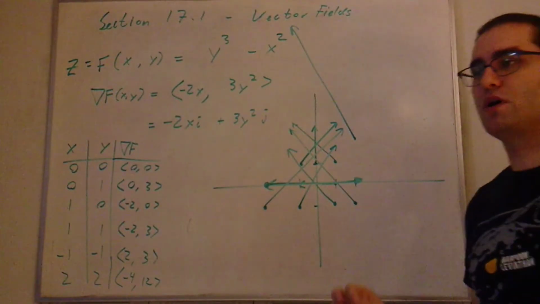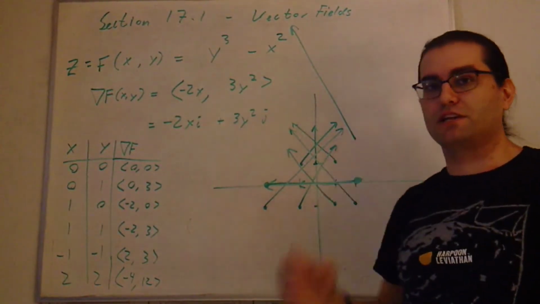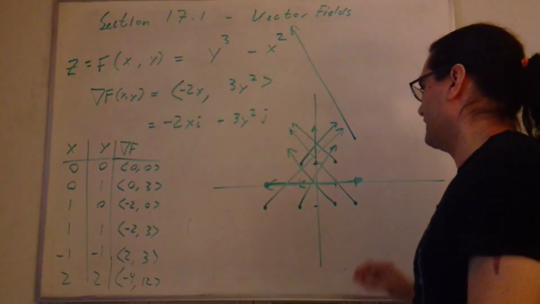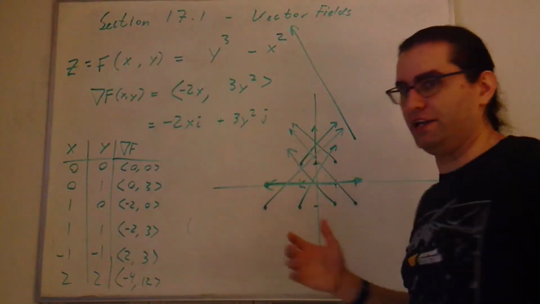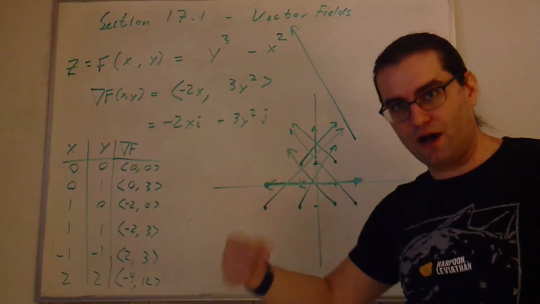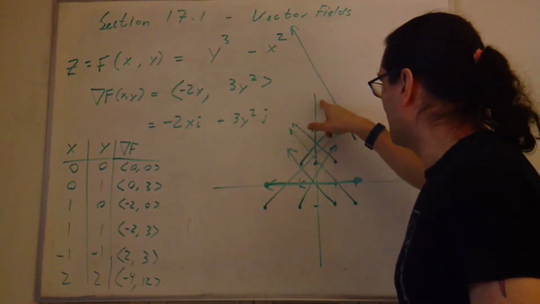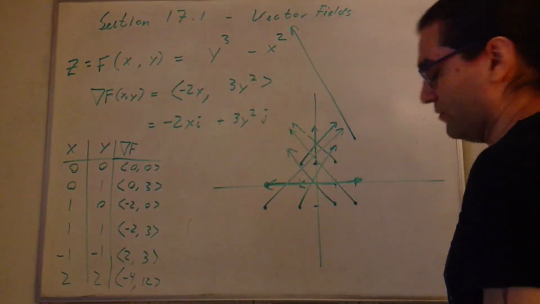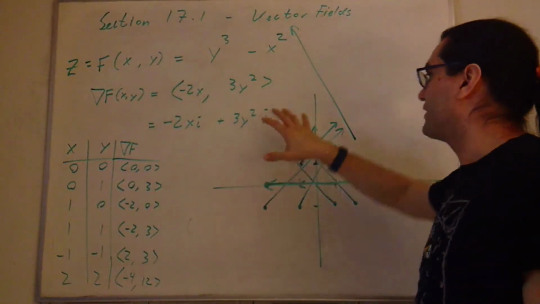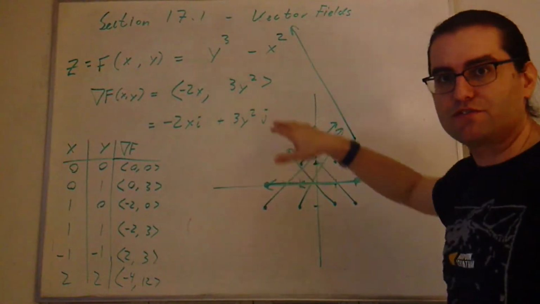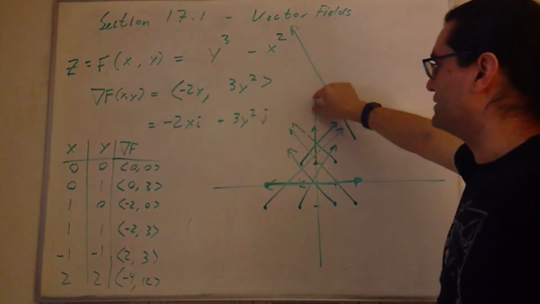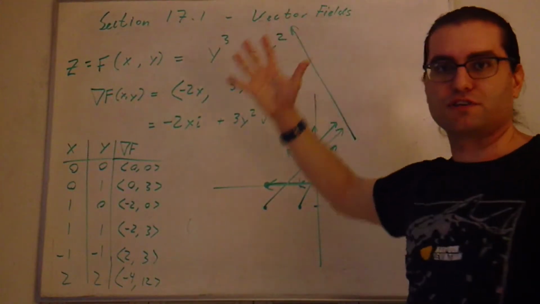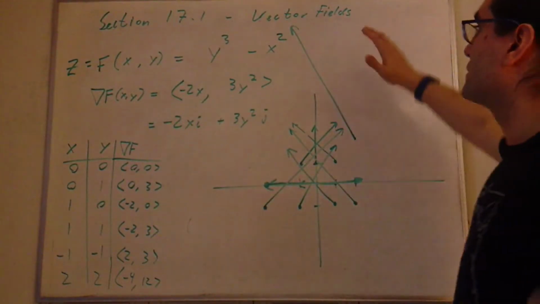We also eventually want to be thinking about, if you take an object that does have some mobility power of its own, like if this is a really big water flow and you put a toy boat with a motor on it, and you want the toy boat to go from here to here, like against the flow or across the flow, we want to be able to figure out how much power is necessary, how much force this little toy boat needs to exert to move itself across a path that isn't just the path this thing is pushing it on. So those are the kinds of things we're going to be doing with vector fields.